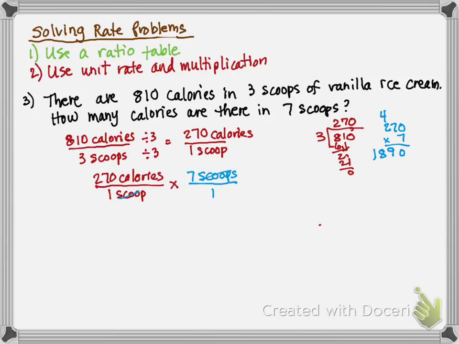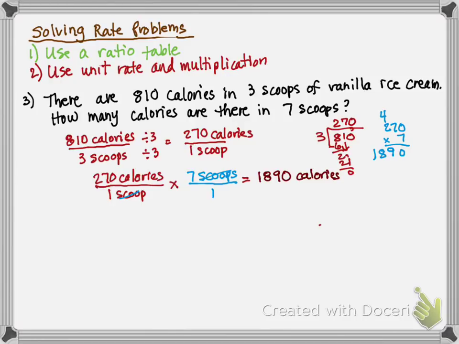So the answer, 270 calories in 1 scoop, is going to give me 1,890 calories in 7 scoops.